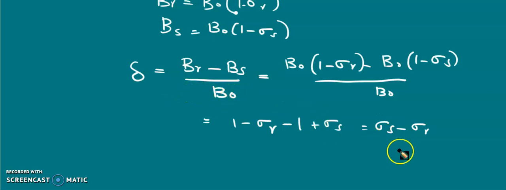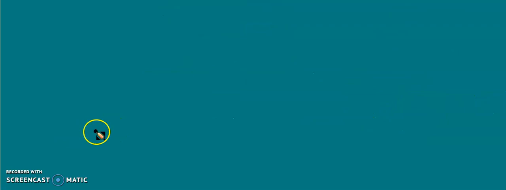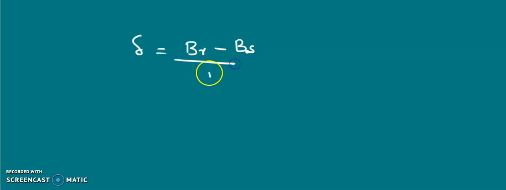Since these quantities are very small, a different unit is generally selected. For expressing chemical shift, delta is equal to (Br, that is the magnetic field of the reference, minus the magnetic field of the sample) divided by B0, into 10 to the power 6, in parts per million, ppm.